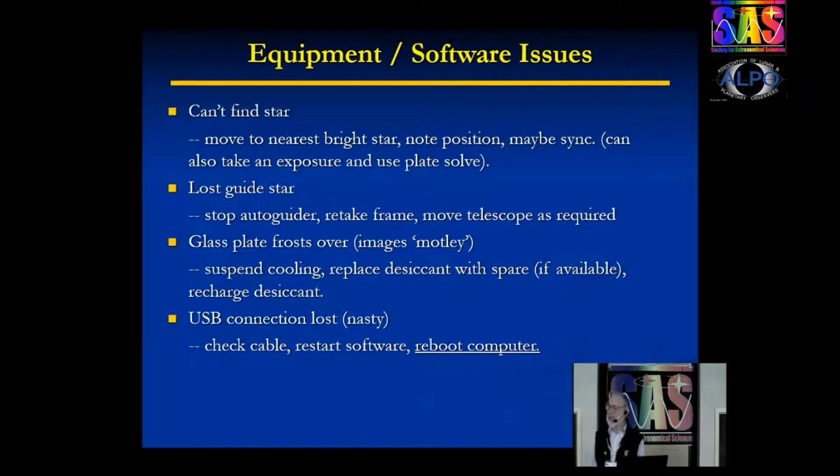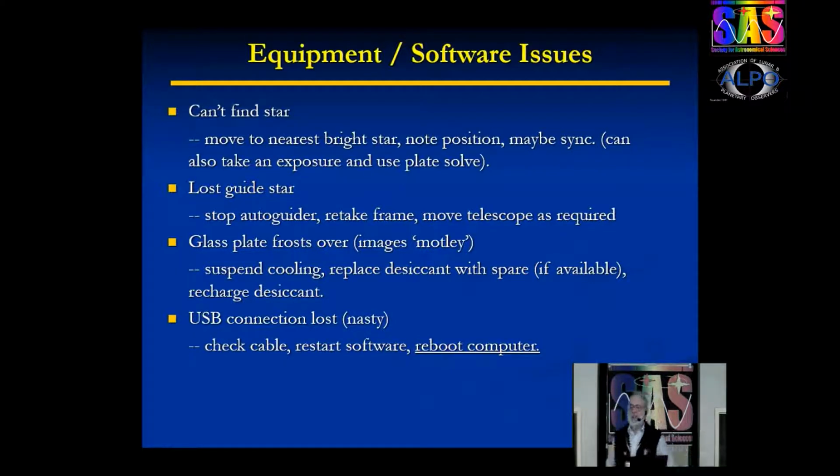The rest of my equipment is not. So he's got a pier that'll last almost anything. I drool when I think about that because my pier does shift a little bit with the seasons as the ground freezes, but it sort of works. So my pointing model isn't always that accurate, but I can usually put the star on the chip, so it's not really that big a problem.